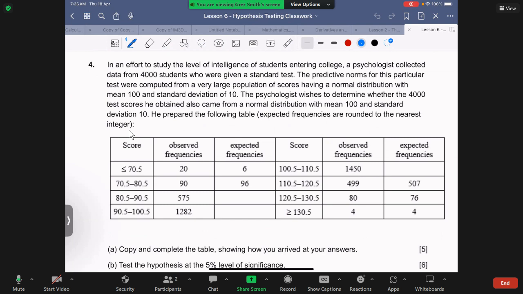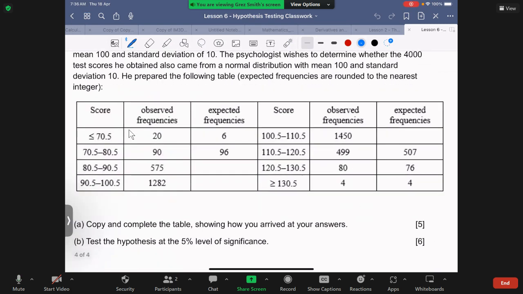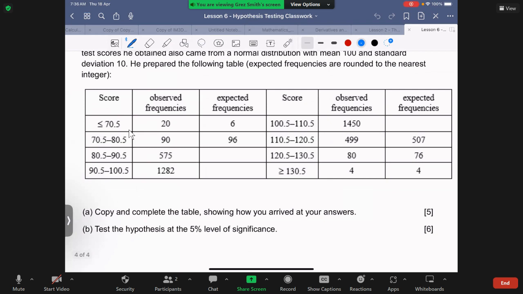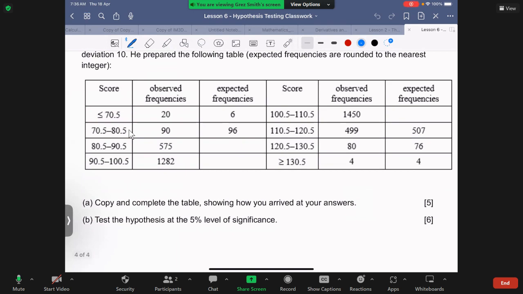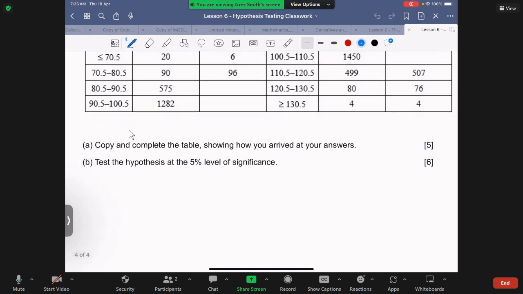The psychologist wishes to test to see whether the students are normally distributed. So we're going to do a chi-squared goodness of fit test on this one. The first thing we need to do is copy and complete the table and show how you arrive at your answers. So this is a normal distribution, and you need to calculate what the expected frequencies are.